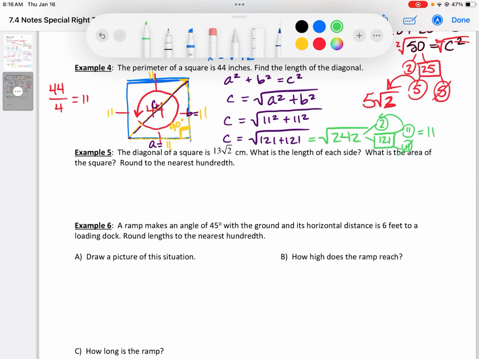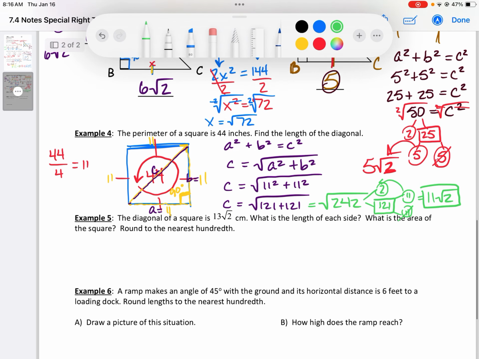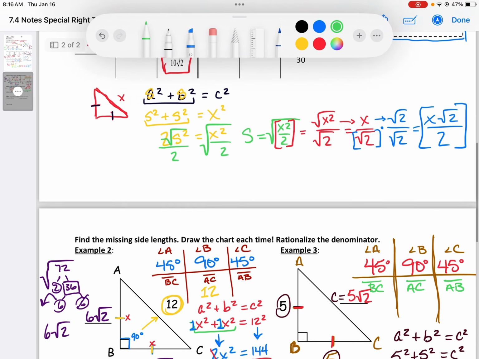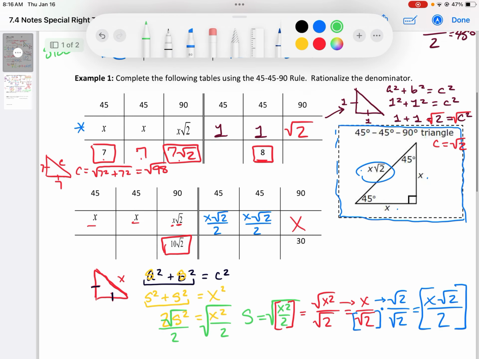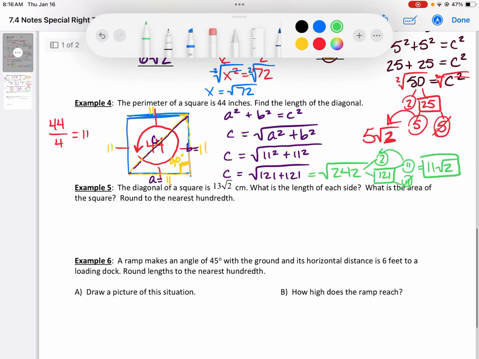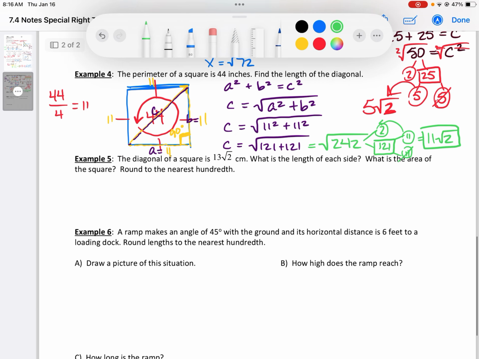And so this equals 11 times the square root of 2, which again follows the same pattern as question number 3 and a lot of the examples in example number 1. So 11 square root of 2 is the distance diagonally across the square.